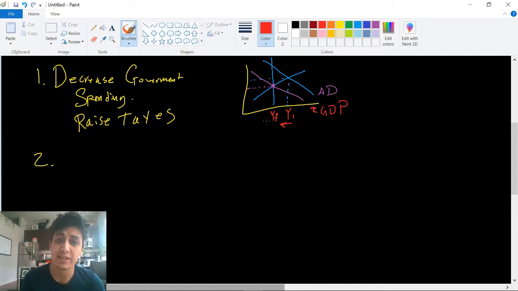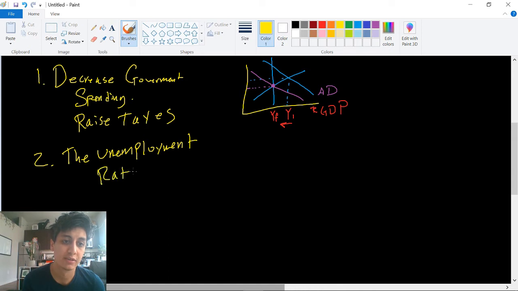So by decreasing this GDP, we are actually going to be increasing the unemployment rate. The unemployment rate will increase.